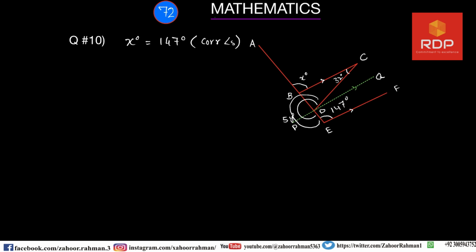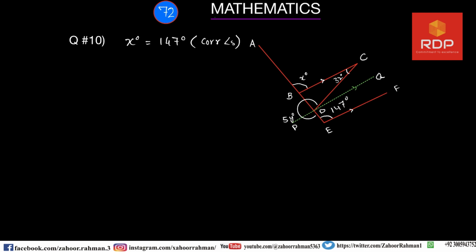For that we have to devise a strategy, and the strategy is that we have to find this angle, and then we will use the theorem of angles at a point, and we will find the value of this area. So keep in mind the strategy.